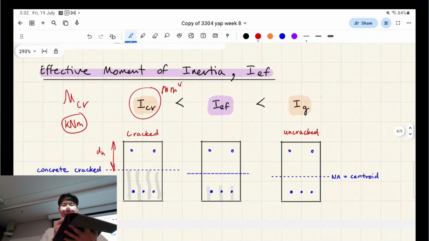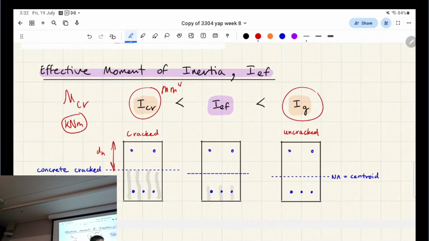But basically, Ig is the notation we use for the moment of inertia for the uncracked section. And here the neutral axis is just equal to the regular centroid, the centroid of all this, including the whole transformed section. This is the same as the neutral axis. This is where it's going to bend about.